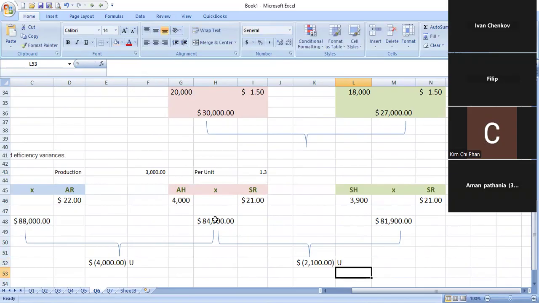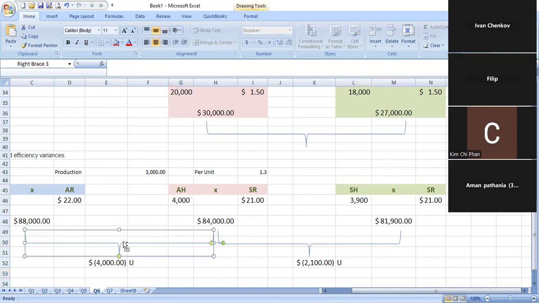Does that make sense? Yes. Well, how many hours is the difference? 100. 100 times $21. There we go. So now we can talk about the overall spending variance, right?